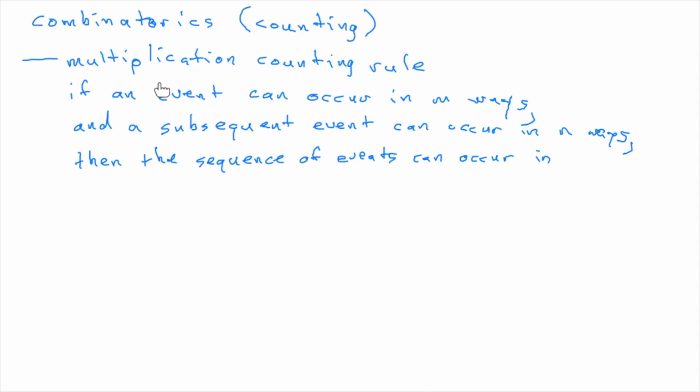Why? Because we are multiplying. And so you multiply M times N ways. And that's kind of all there was to that.